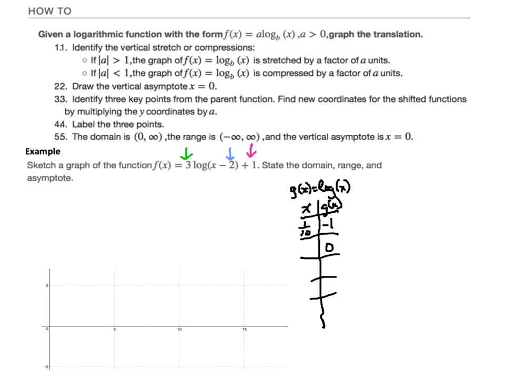If I raise 10 to the 0 power, I get 1. If I raise 10 to the first power, I get 10. And that's all I'm going to be able to show on this graph. Okay, so 1/10, negative 1, 1, 0, 10, 1. So this is my parent. Very flat looking.